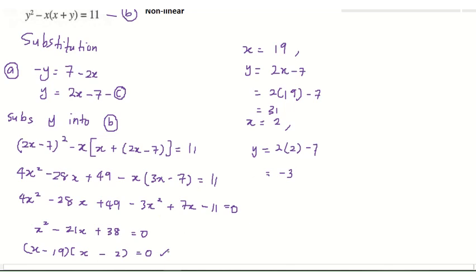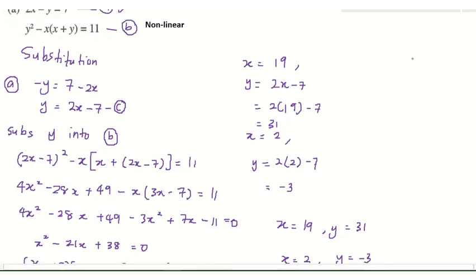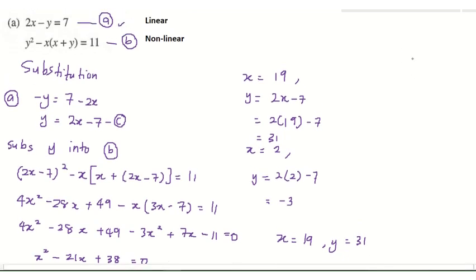So our conclusion is when x equals 19, y equals 31. One more, when x equals 2, y equals negative 3. Okay, so we finish our solution in solving simultaneous equations of one linear and one non-linear equation.